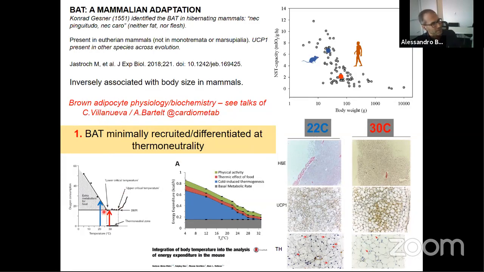So what happens is this interesting curve. For a species within a thermoneutral zone, the basal metabolic rate is very stable, as you can see in this wonderful work of Mark Reitman, and accounts for most of the total thermogenesis. But as soon as you go below the lower critical temperature, you need more energy expenditure to produce the extra heat to keep your core body temperature stable.